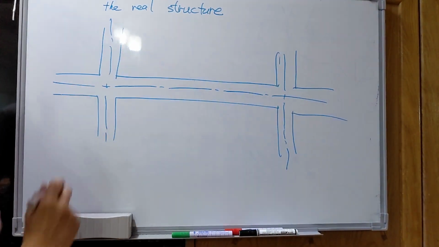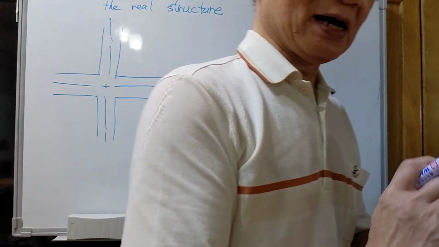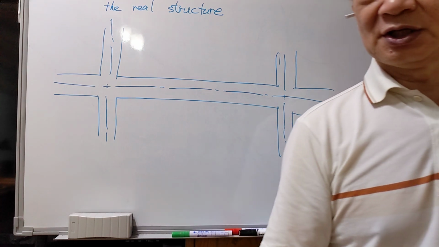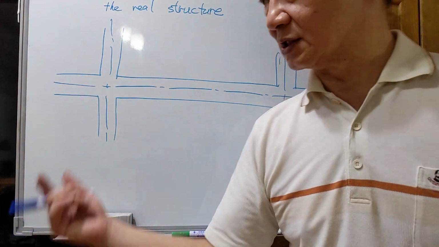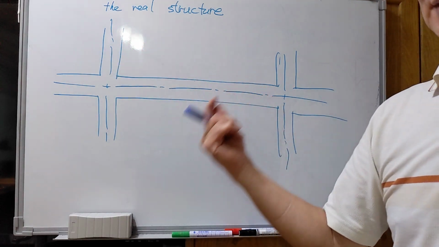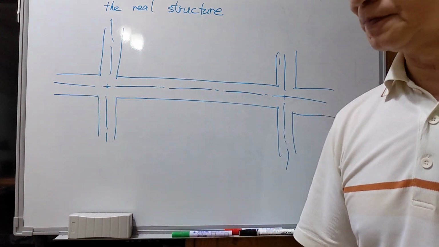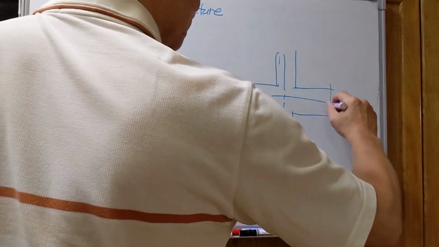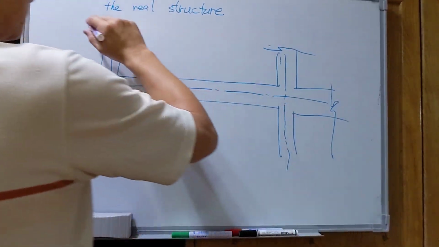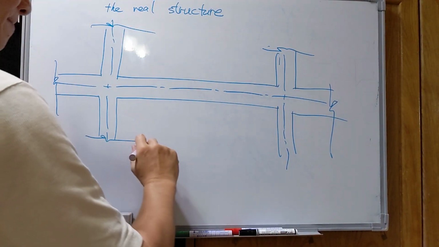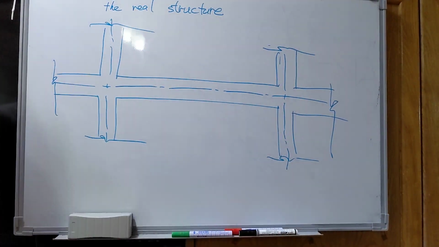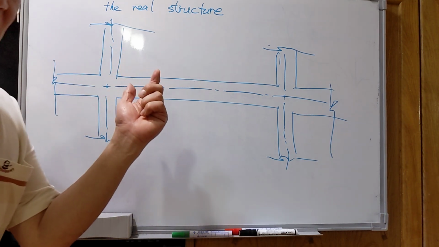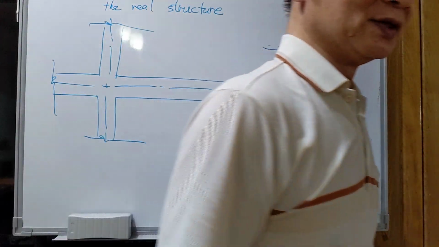For real structures, all elements have real dimensions. For example, that's the column element, that's the beam element, and it is a common cross section you consider. So in real structures, we have the real size of the elements.